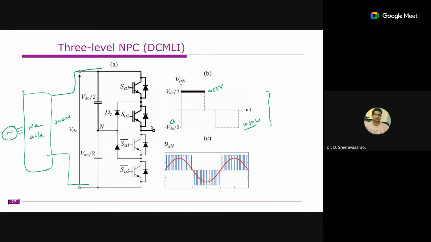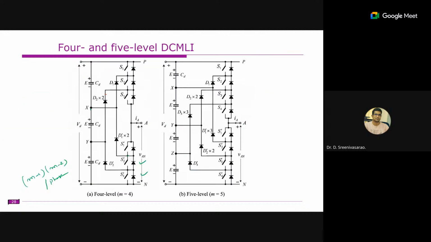If it is not properly addressed, one capacitor voltage will be increasing like this and another capacitor voltage will be decreasing like this. Therefore, we have some alternative methods or alternative circuits.